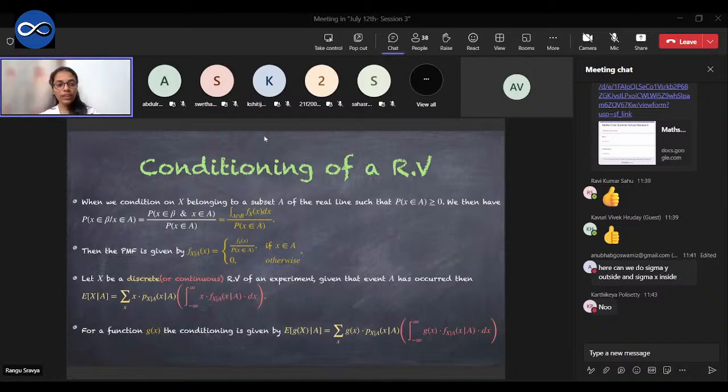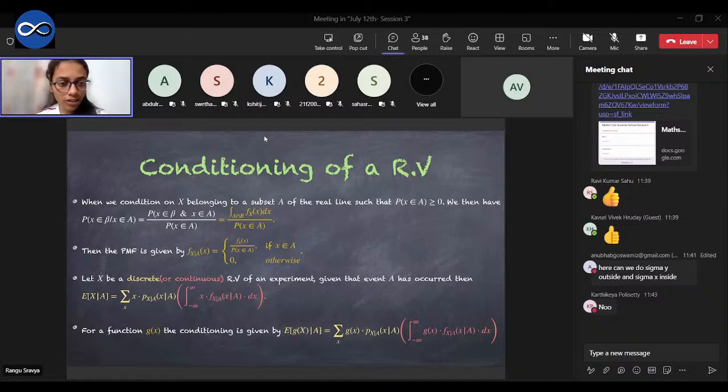Now here we are finding E of x given A, so replace the probability by P of x given A. If it is E of x, we use P of x; if E of x given A, then use the conditional PMF. That's how we get this.